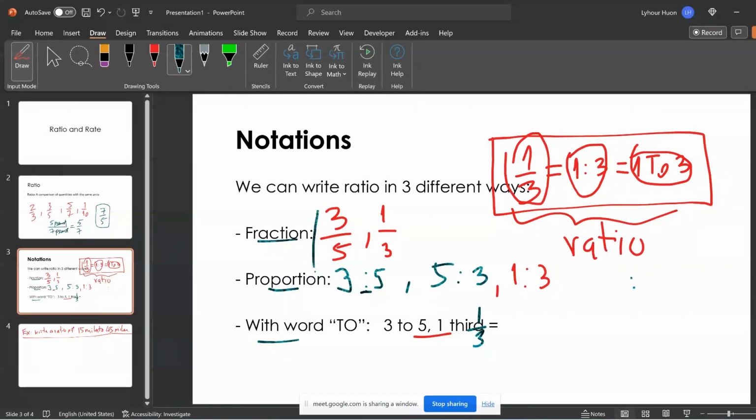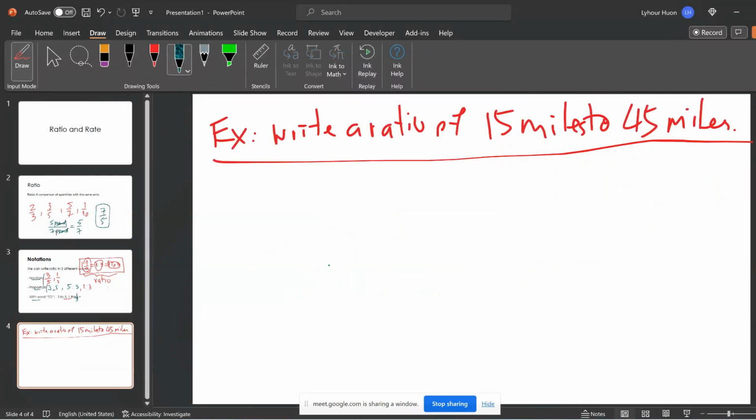Or this is a fraction. 15 miles colon, don't forget miles, 45 miles. Correct?